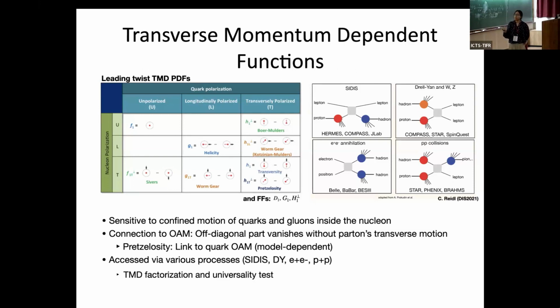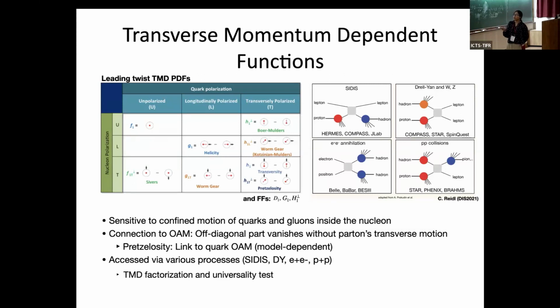But still, this tells you that there is a connection to the orbital angular momentum, because all this off-diagonal part would vanish if you don't consider the parton's transverse motion, and you would only have the collinear part. So there is a connection or link to the orbital angular momentum from this parton transverse motion.